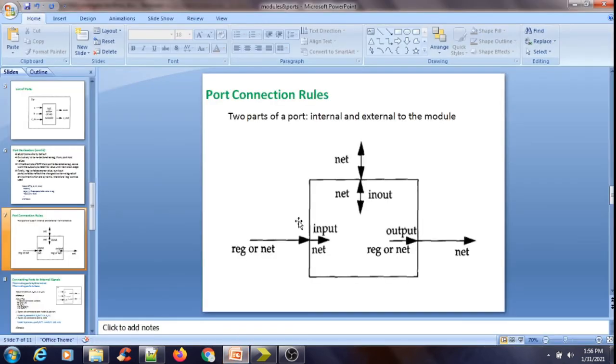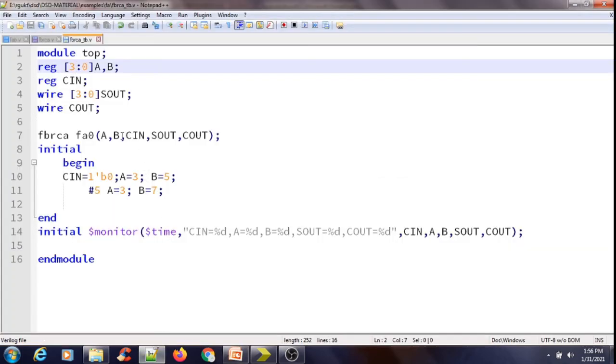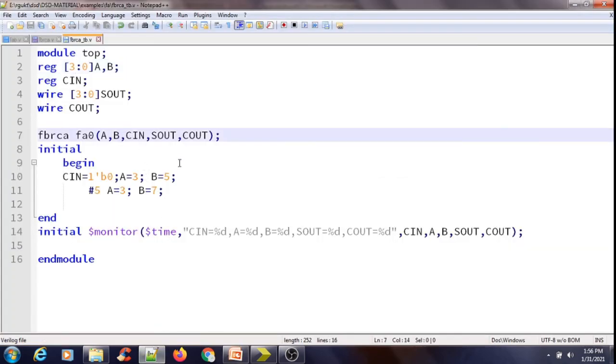And apart from that, sometimes I can let a port remain unconnected when instantiating a module. For example, if A, B, C in is there, I just skip writing the port B here. If I skip writing the port B, it is also acceptable.